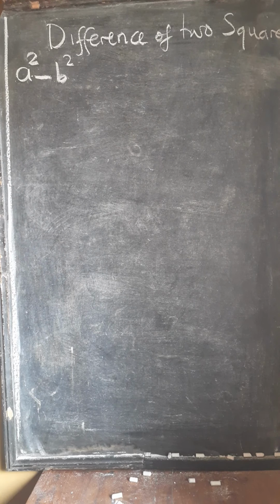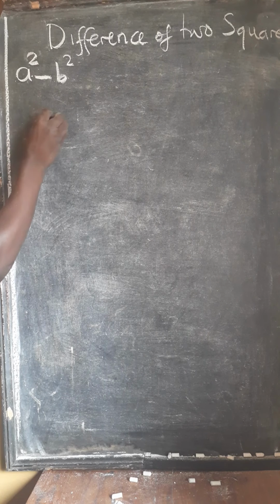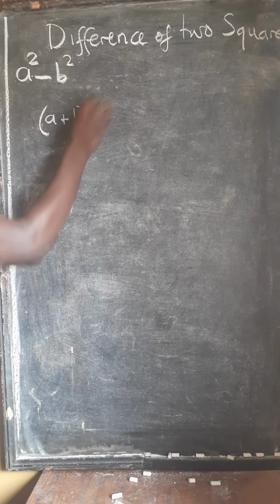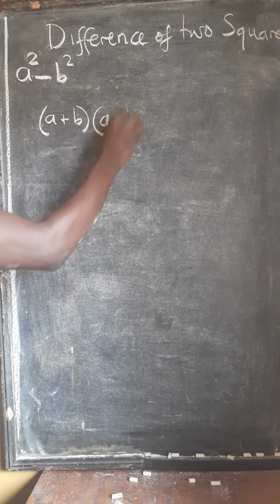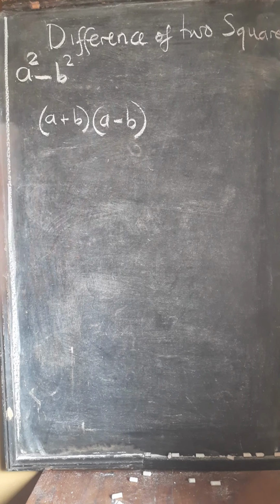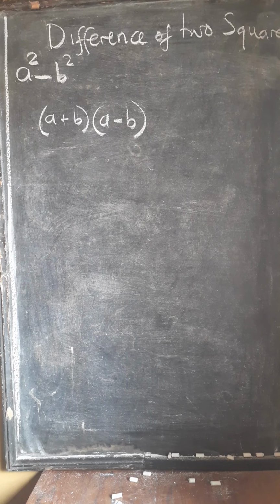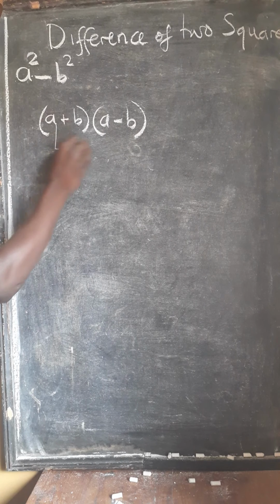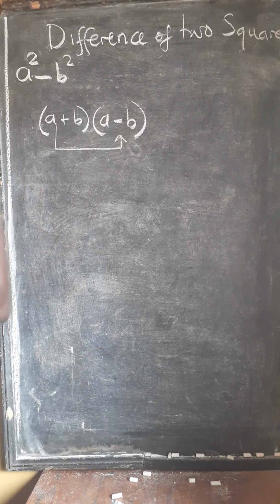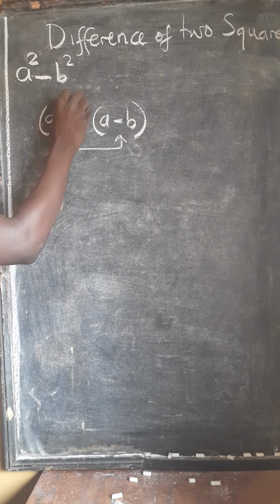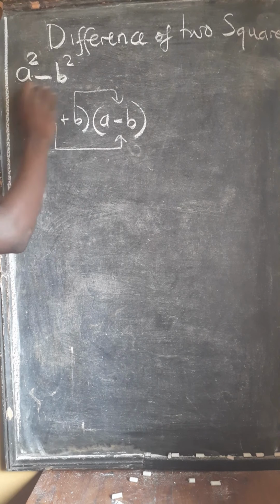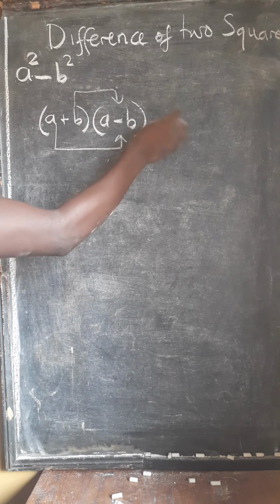Okay? So if we expand these two factors, going by the method of simplification that we did, you are going to discover that when you multiply this one by this one, and you also multiply this one by this factor, you get exactly what is here.